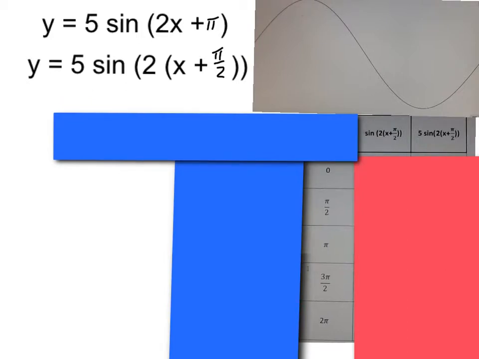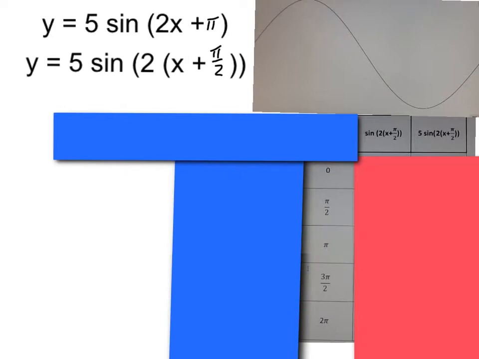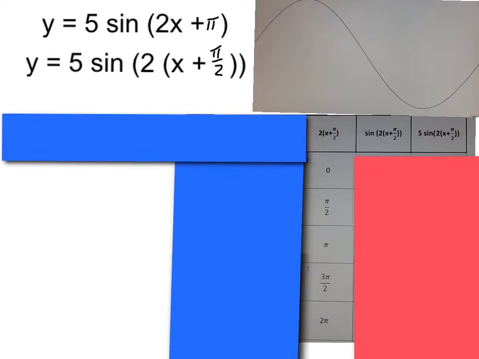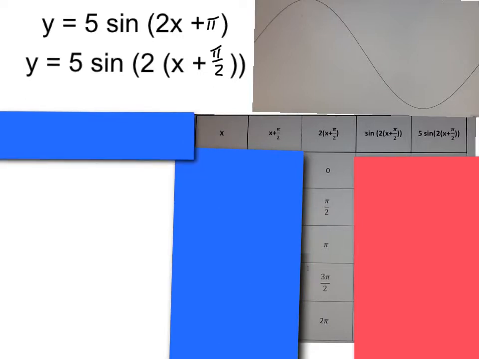And in order to know what that is, we need to know what twice x plus pi over 2 is. To know that, we need to know what x plus pi over 2 is. And finally, to know that, we need to know x. So, we've got our x values on the left, our y values on the right.